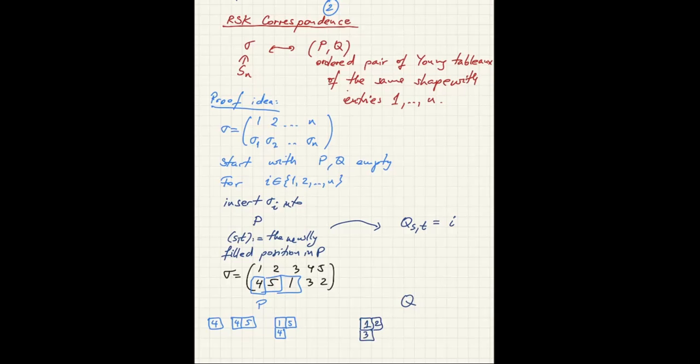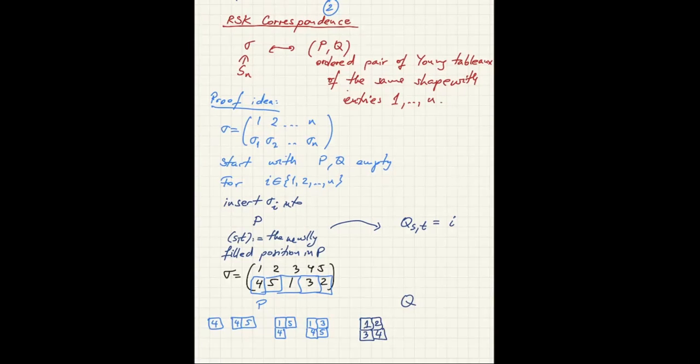Okay. Now we have the element 3 that comes along, and we have another bumping happening. 3 is going to bump the 5 from the first row, and the 5 goes on the second row right after 4. And for the other tableau, we have a 4 over here. And then the last entry, we have a 2.